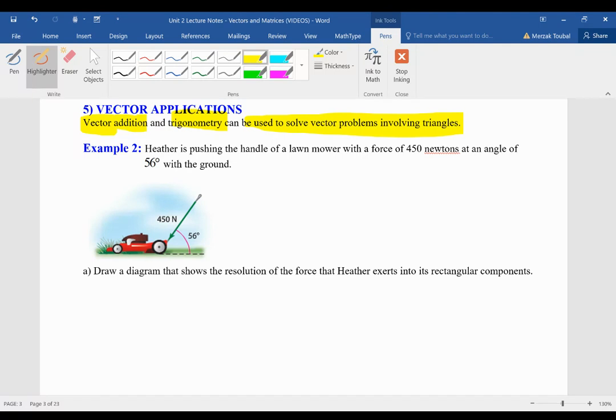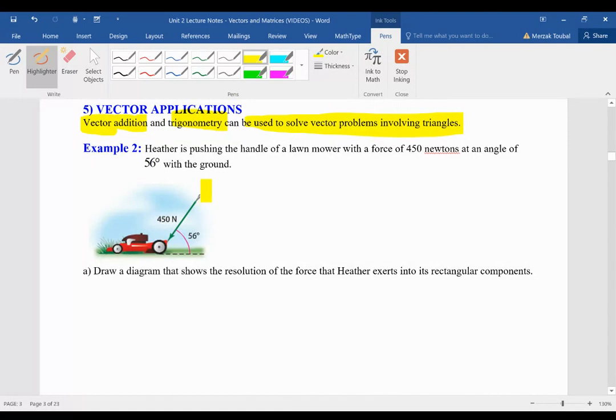All right, let's look at example 2. Example 2 says Heather is pushing the handle of a lawn mower with a force of 450 newtons. That's the magnitude, at an angle of 56 degrees, that's the direction. And the picture says it all. I think the problem is clear.